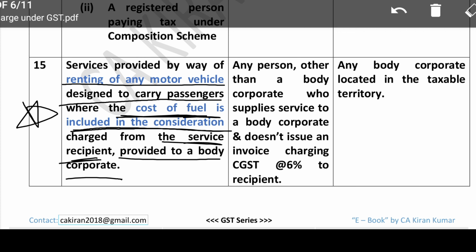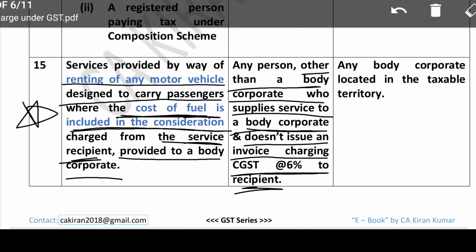In this case, the person other than a body corporate supplies services to a body corporate, and the recipient must be a body corporate and the supplier should be a person other than a body corporate and doesn't issue an invoice charging 6% to the recipient, the body corporate. In this case, the body corporate is liable to pay GST under RCM basis.